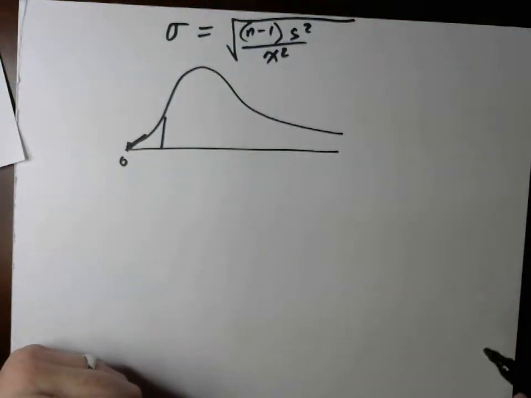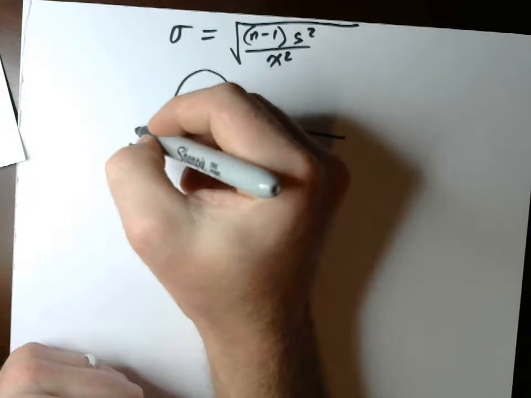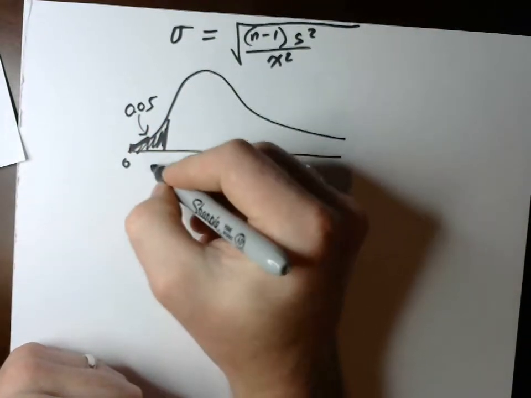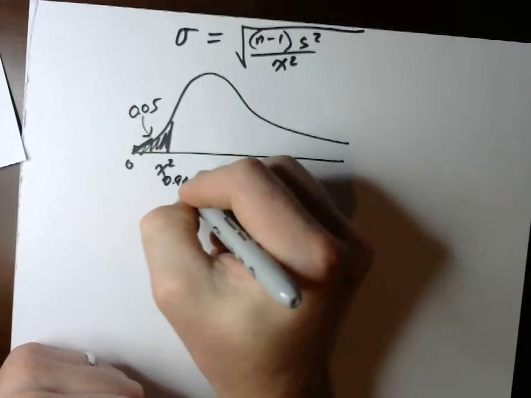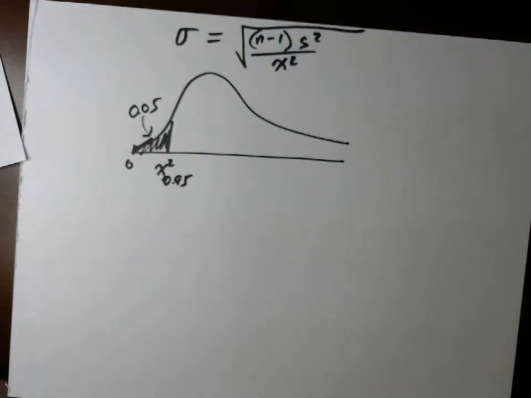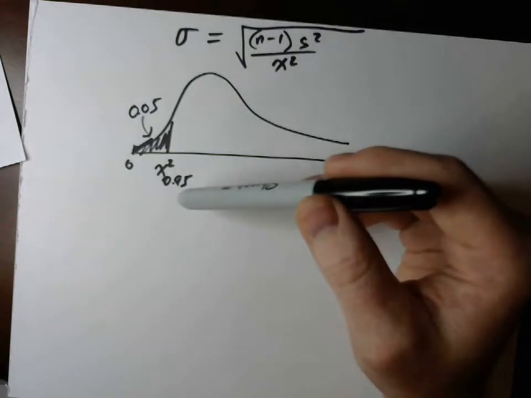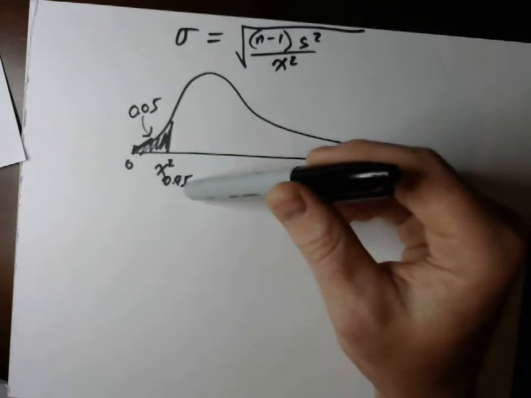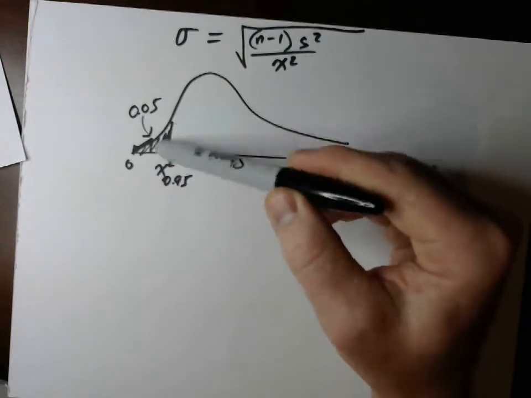For example, if the area on this tail is 0.05, then the chi-squared value right here would be 0.95, because the chi-squared value that we're looking for from the chart is actually the area to the right of the given value.